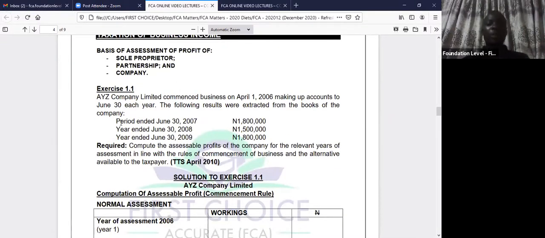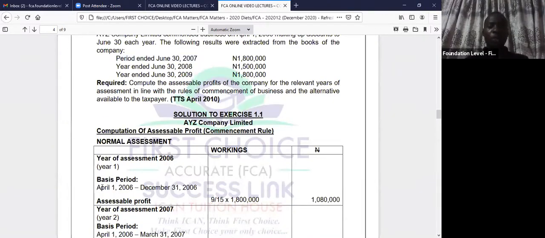The question gave us period ended June 30th, 27. Before we take that account, you ask yourself, what period to what period am I looking at? I am looking for April 1 to 6, any account that has April 1 to 6, and also up to June 30th, 27. Where can I find a period April 1 to 6?